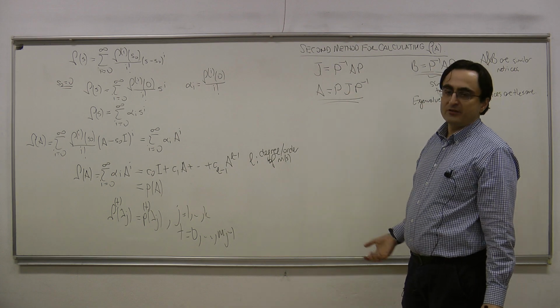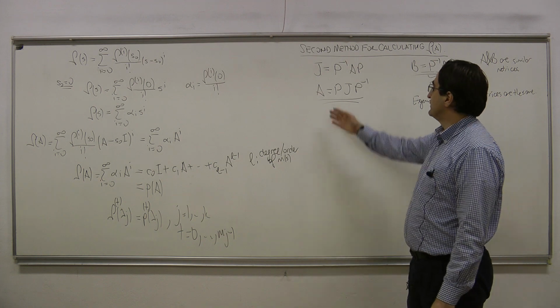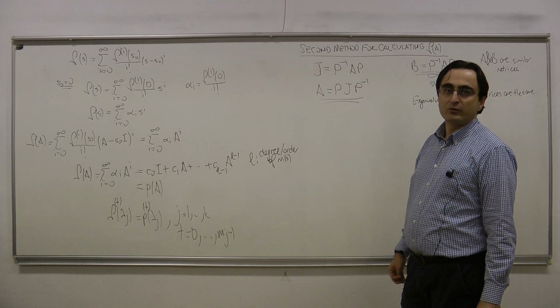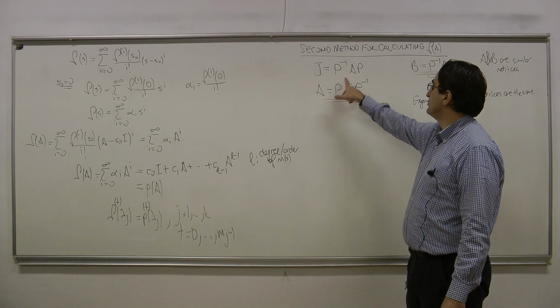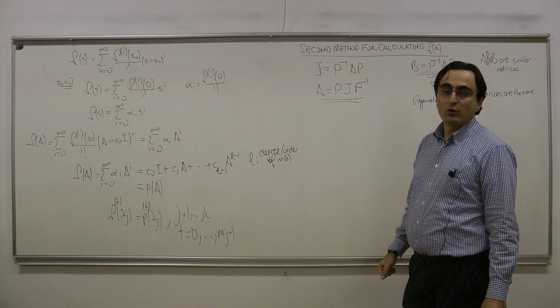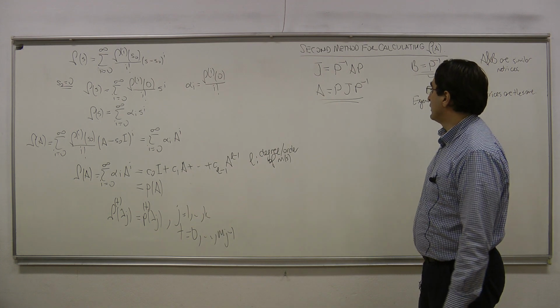And if J is diagonal, so if I have a diagonal Jordan canonical form, then this would be an eigendecomposition of A. Okay? So this P, J, and P inverse would become an eigendecomposition of the matrix A. Okay?